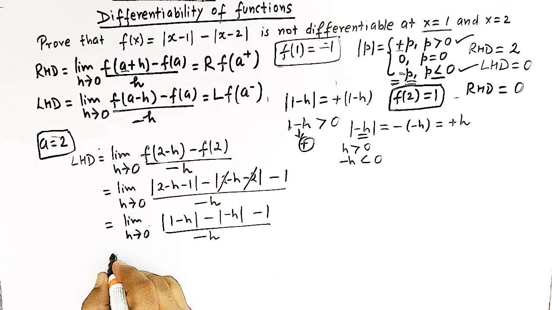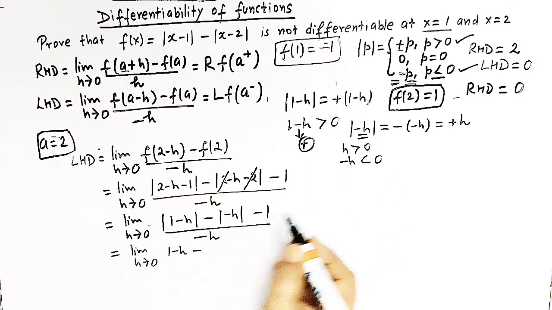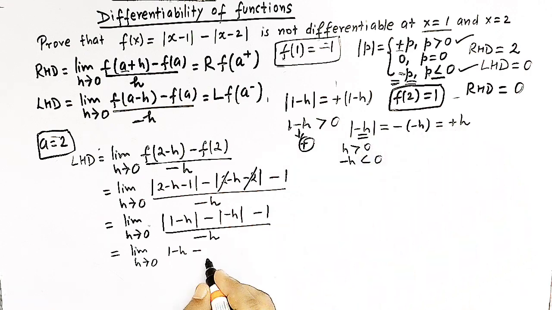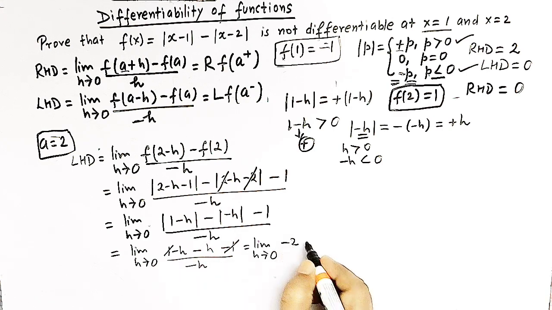So now we can write limit h tends to 0, mod of 1 minus h is simply 1 minus h, and here mod of minus h is simply h. So here we have h and minus 1 over minus h. So we can now write limit h tends to 0, and here we can see that 1 and minus 1 get cancelled, and minus h and minus h becomes minus 2h, and here we have a minus h, right?